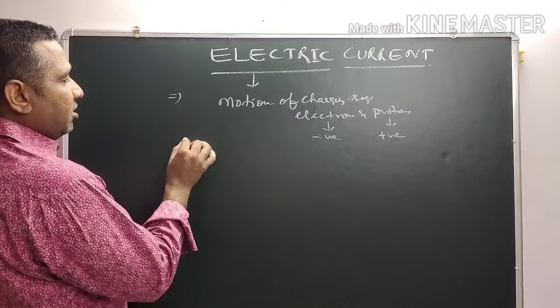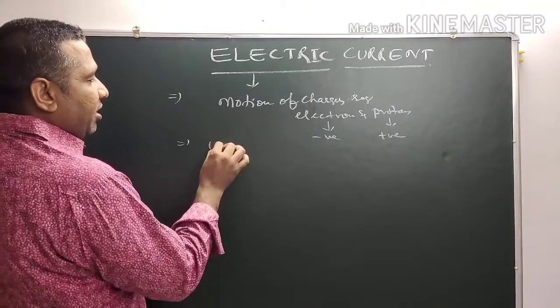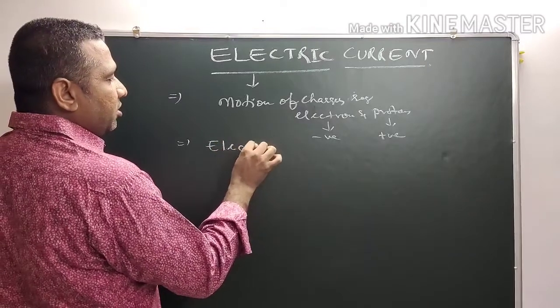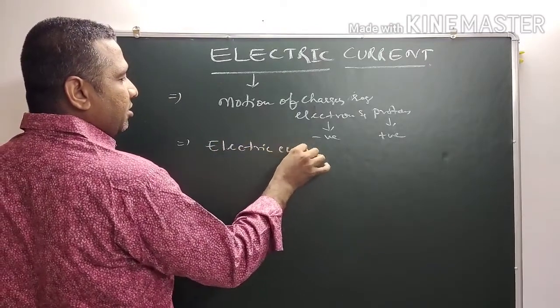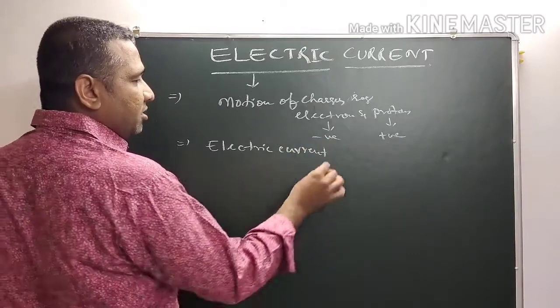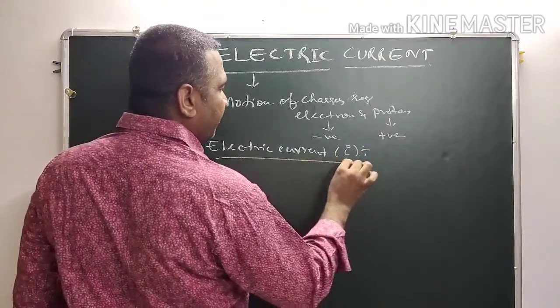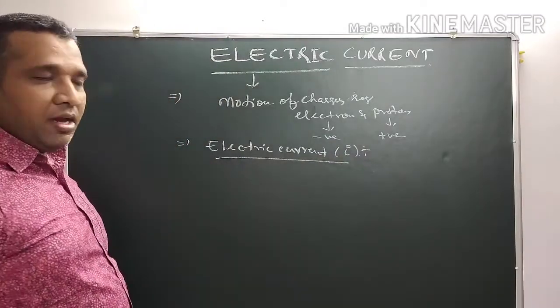Now we will see the exact definition of electric current. Electric current is generally denoted with a small I. Small I refers to the electric current.